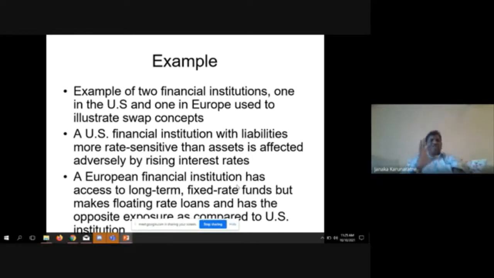Now this is very typical when you deal, especially when you want to borrow in currencies other than your own currency.